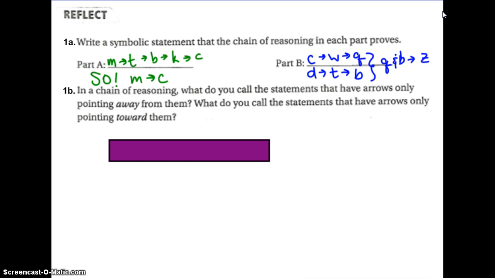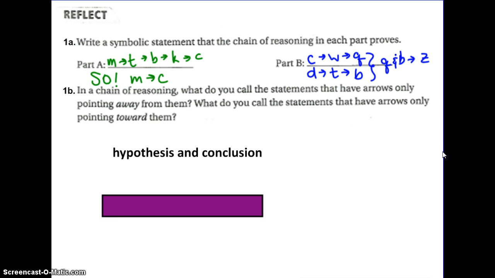Okay, those would be our hypothesis. So the ones that are being pointed toward is my conclusion. So hypothesis has the arrow pointing away from them, and the conclusion is the one that has the arrow pointing toward them.